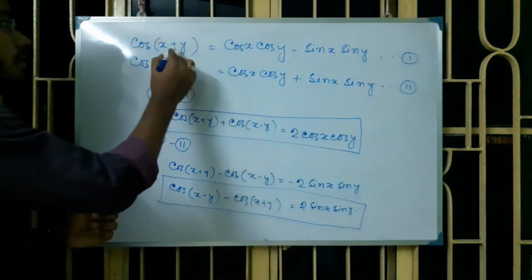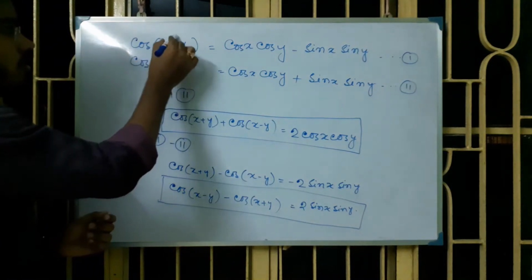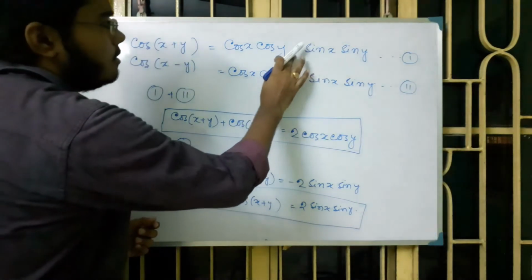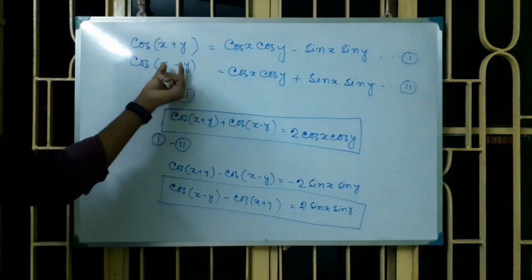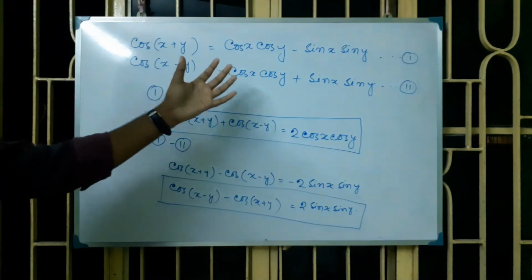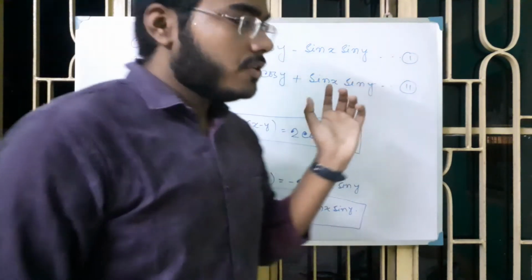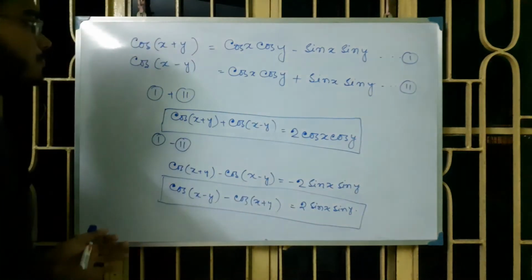If there is plus inside cos, it will be minus, and if there is minus, it will be plus. Why this happens, we have already discussed in the previous video, so please go and check it out.